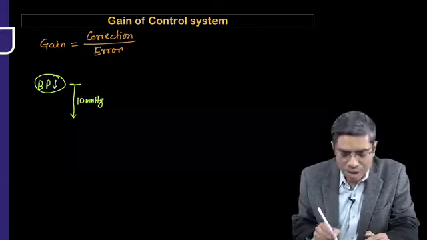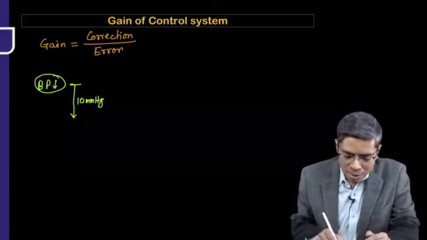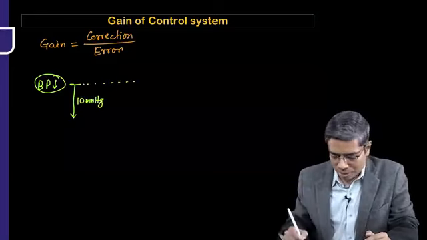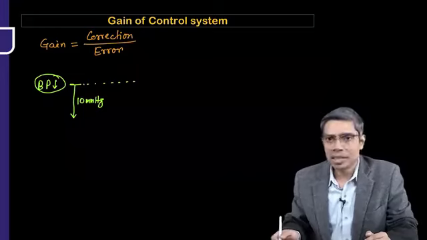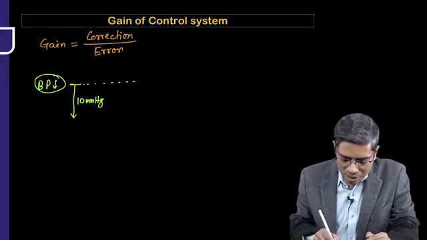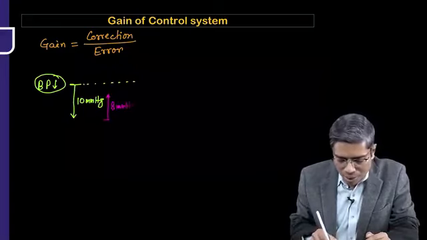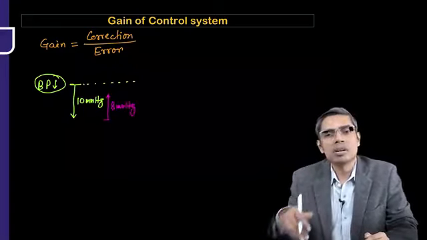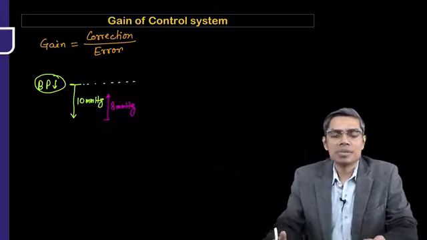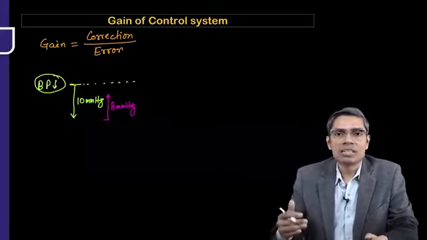So blood pressure decreases how much? 10 millimeter of mercury. Now due to the inhibition of the baroreceptor system, the baroreceptor will try to correct this blood pressure. And how much correction?